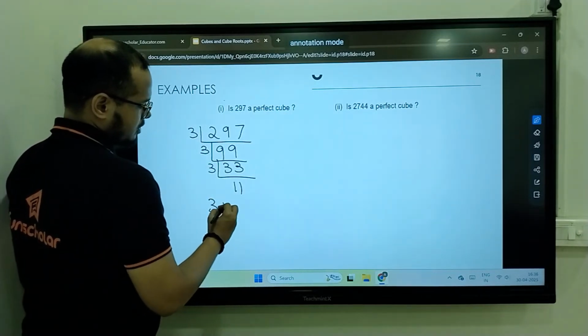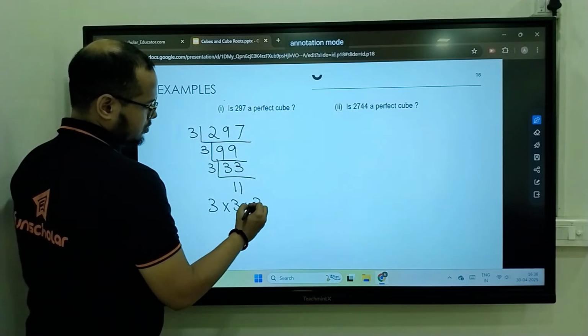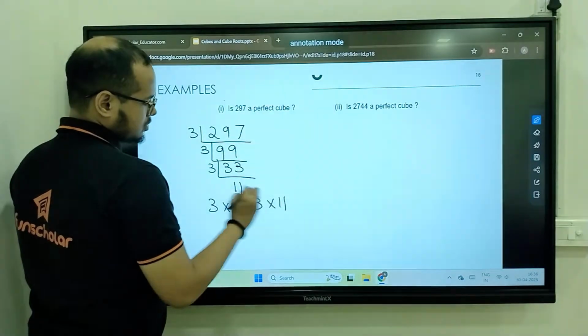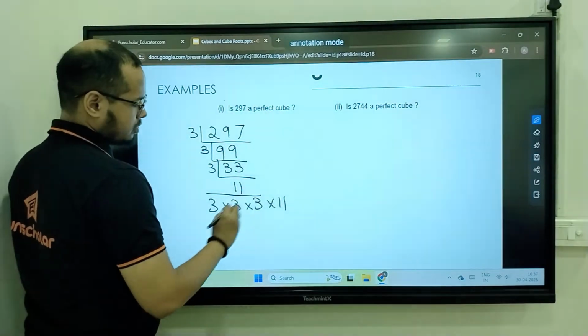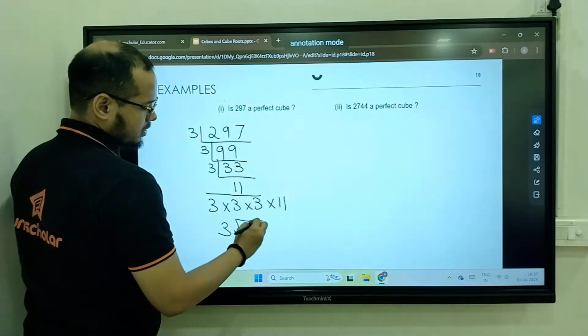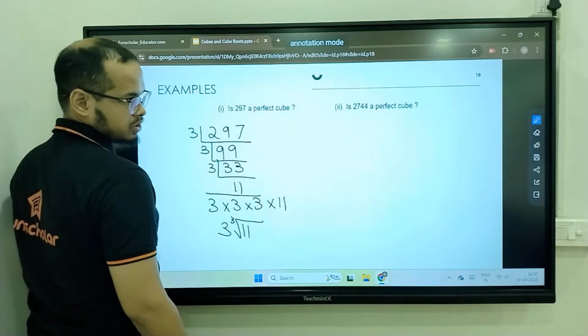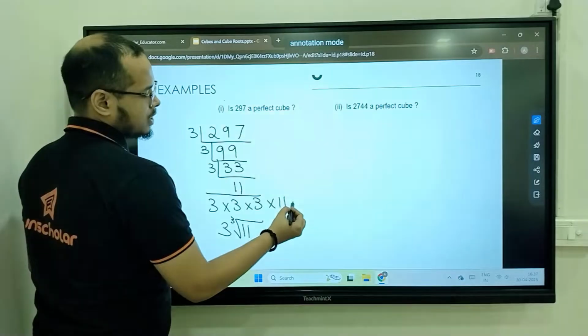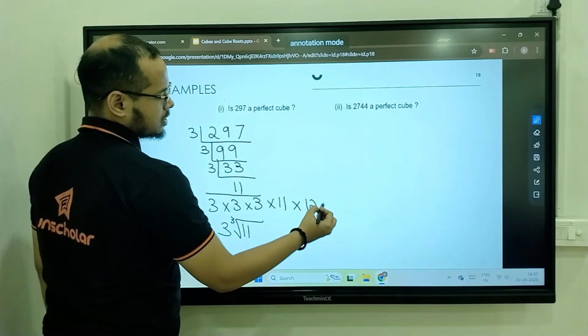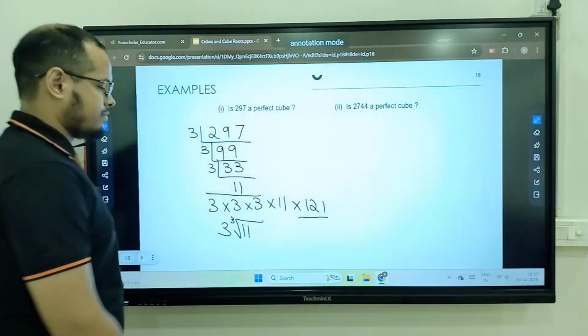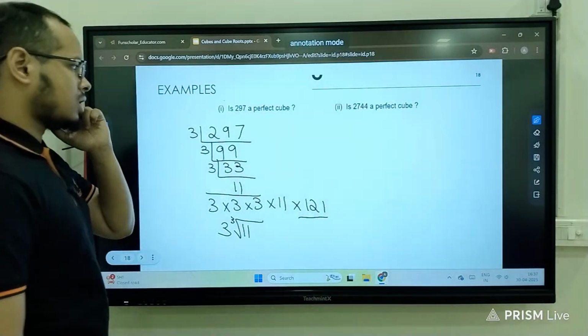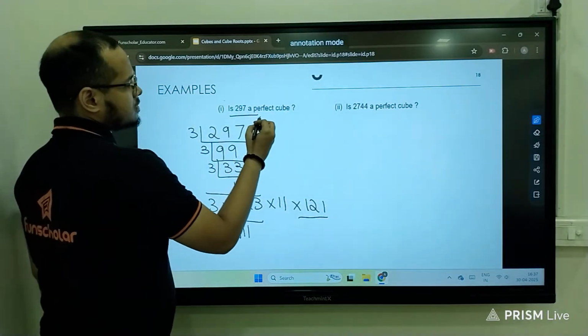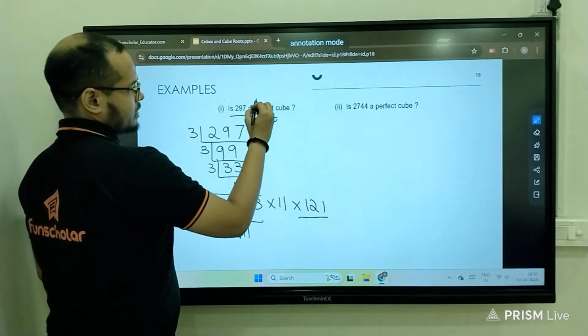So we are getting 3 into 3 into 3 into 11. The 3s come out as a group, but the 11 is not coming out. It's not a perfect cube. If you multiply it by 121, then only it will become a perfect cube. So the number 297 is not a perfect cube.